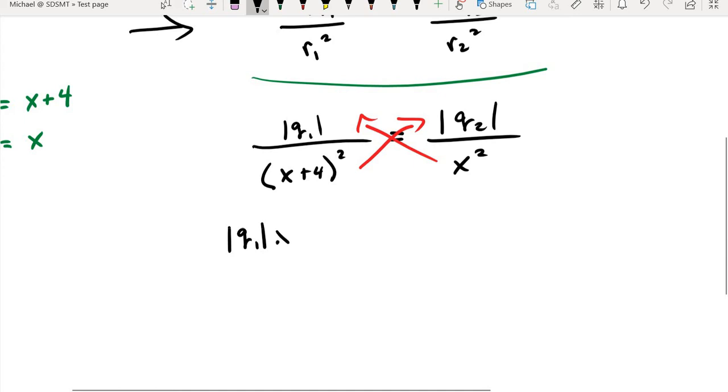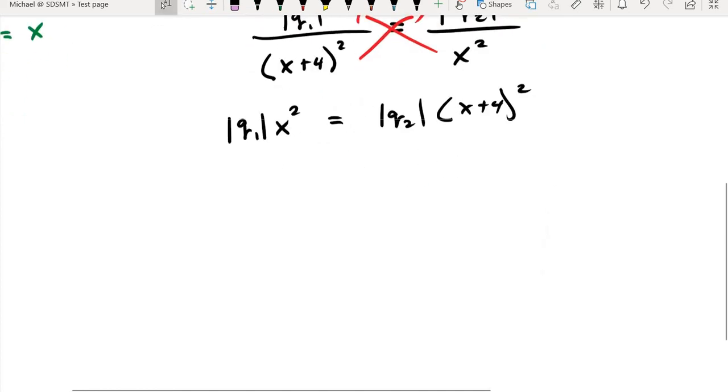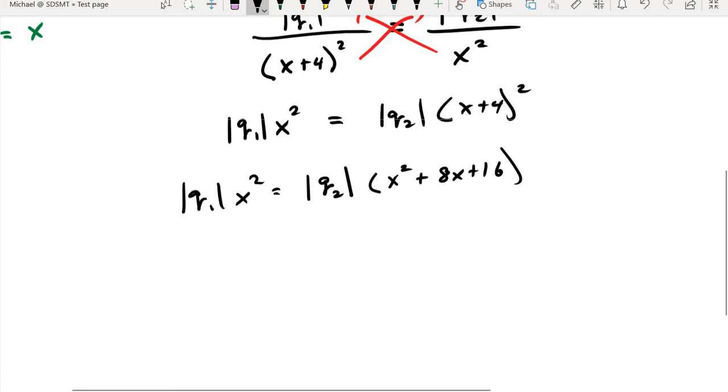and that means we'll have Q1 X squared equals Q2 (X plus 4) squared. We need to expand upon that binomial on the right hand side. So go ahead and FOIL the X plus 4, and when we do that we should get X squared plus 8X plus 16.